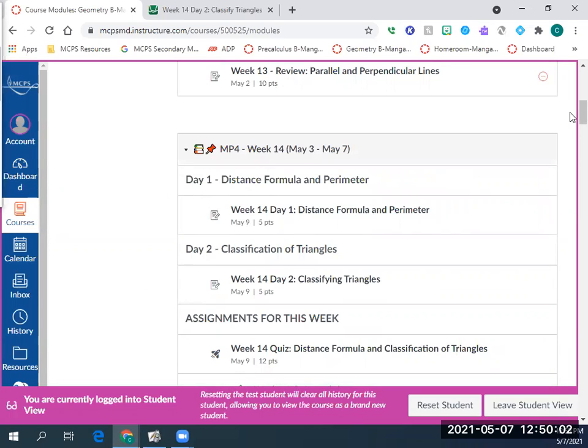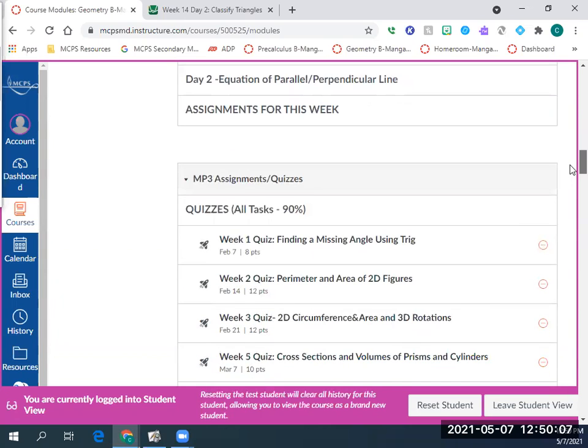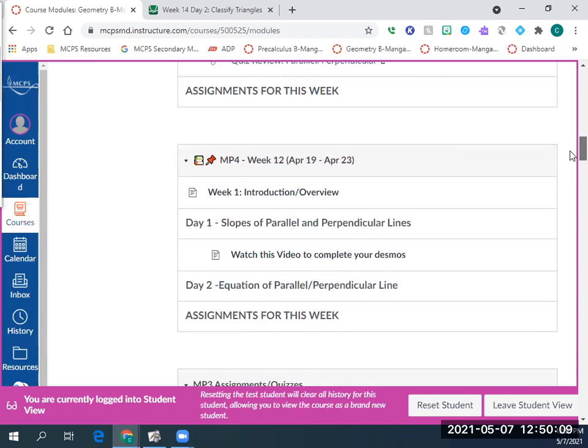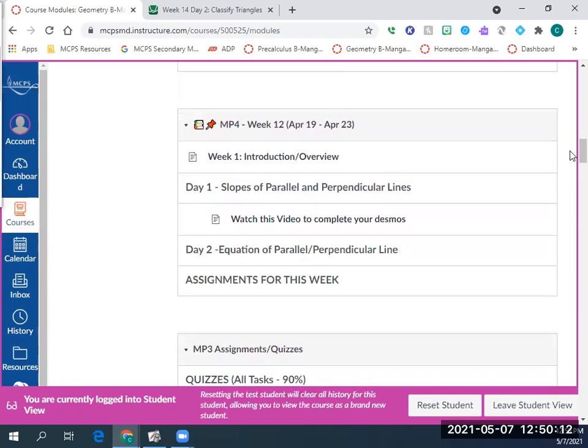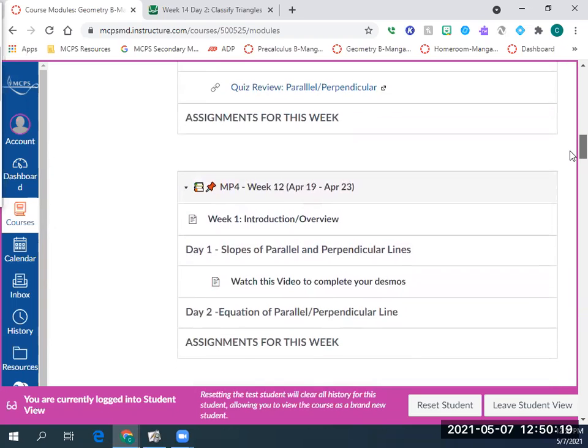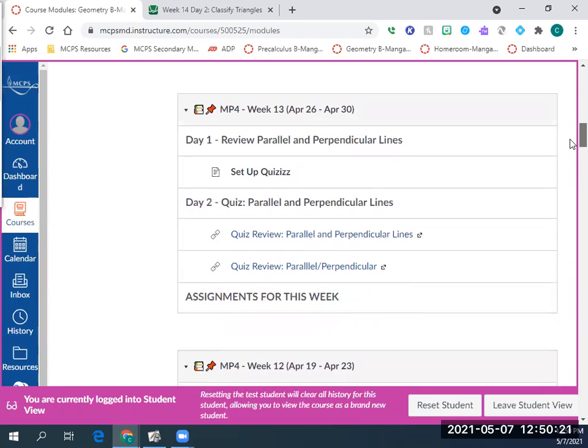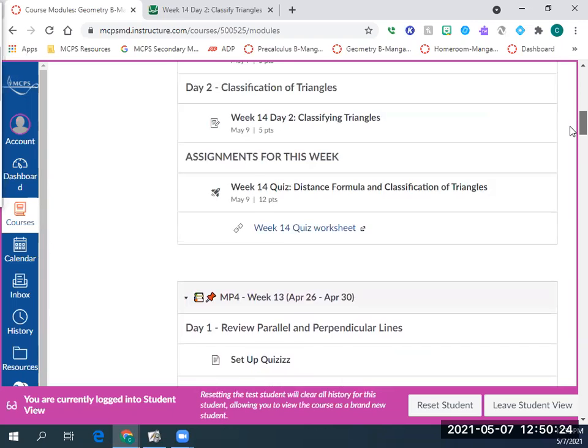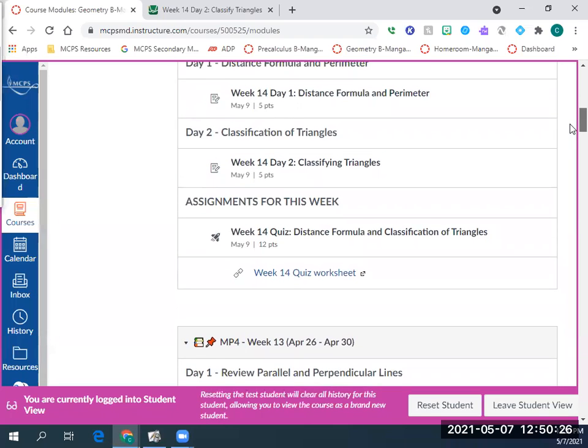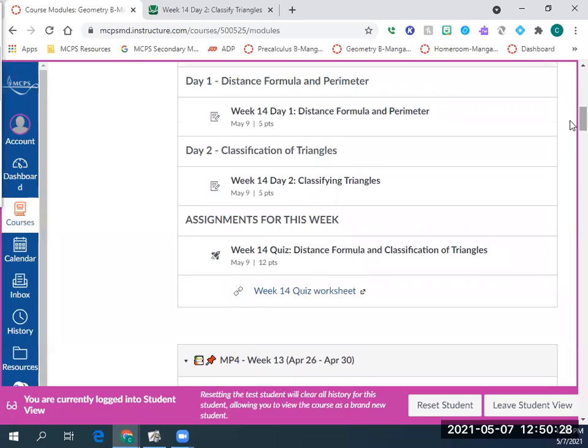The lessons at the bottom are MP3. MP4 starts with week 12. The latest lesson is at the top. So week 12 is at the bottom, then week 13, and then week 14, which is the latest, the week we're on. It is right after the list of assignments and quizzes.